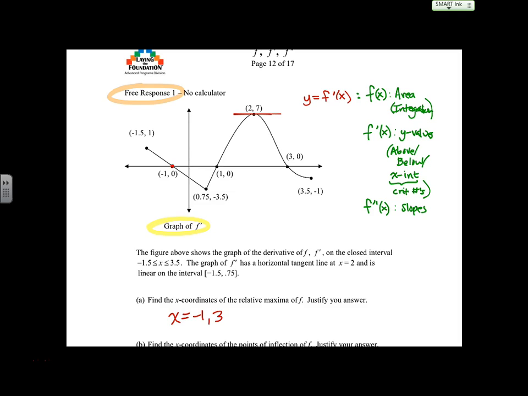Why? We have critical numbers since we have x-intercepts at each of those points. And F prime, the above, below, goes from above to below, aka positive f prime to negative f prime, on both.